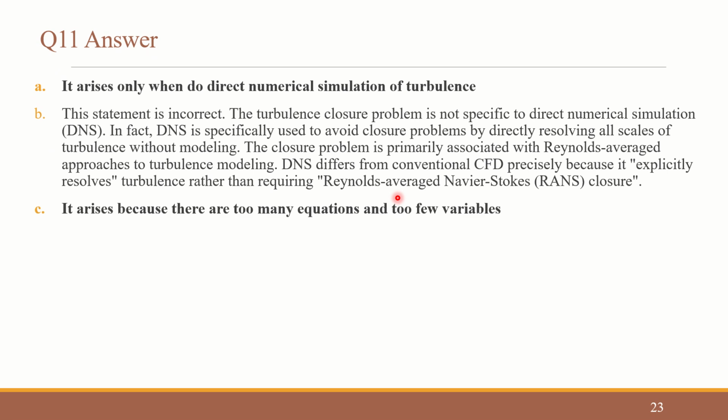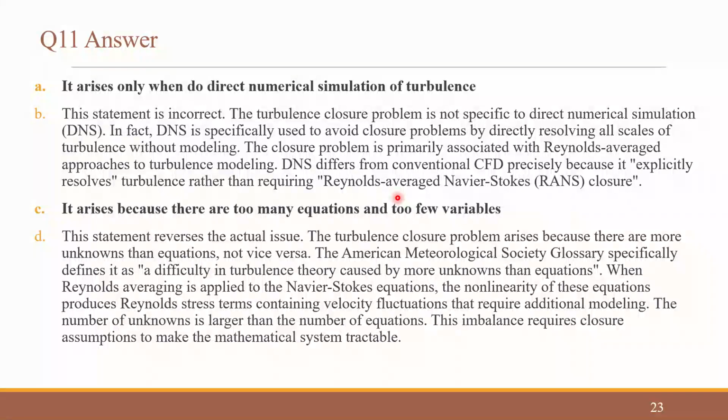Second statement, it arises because there are too many equations and too few variables. This is also false. This statement actually reverses the actual issue. The turbulence closure problem arises because there are more unknowns than equations, not vice versa. The American Meteorological Society glossary defines it as a difficulty in turbulence theory caused by more unknowns than equations.